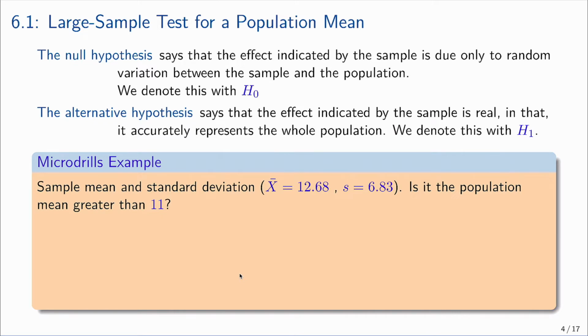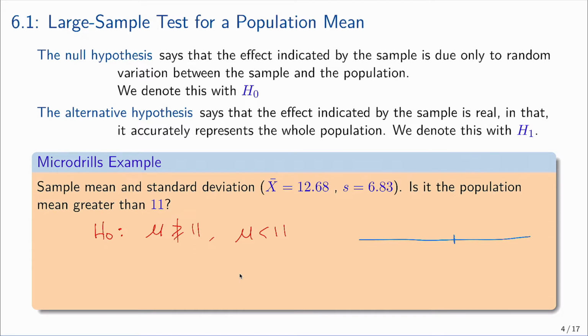In our microdrills example, we have a sample mean and a standard deviation given by these two values, and we want to look at whether the population mean is greater than 11. The null hypothesis in this case is the opposite of what we want to prove. So mu is not greater than 11. In other words, mu is less than 11. Let me represent it on a line.